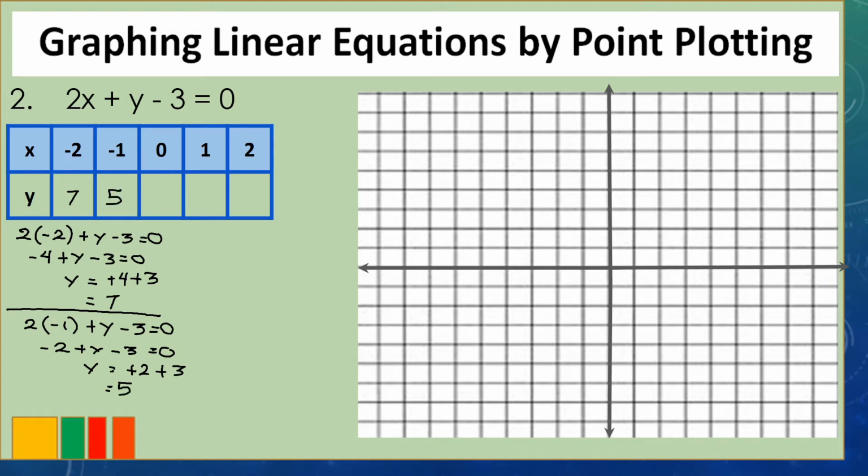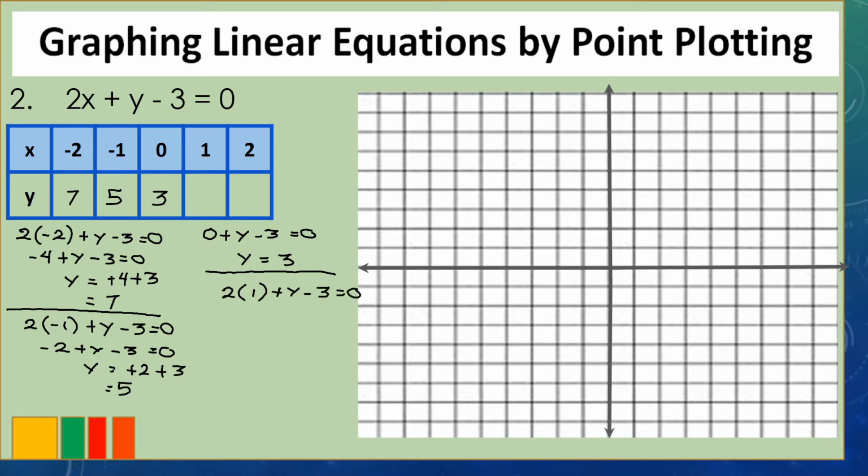And again, to solve for x is equal to 0, just cancel x. We're going to have y minus 3 equals 0. To solve for y, by addition property of equality, add positive 3 to both sides. So it will be 3. For the fourth ordered pair, where x is equal to 1, 2 times 1 plus y minus 3 equals 0.